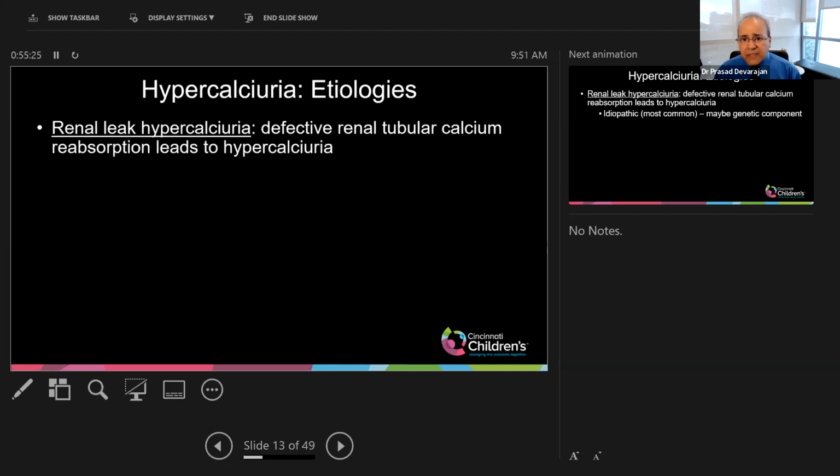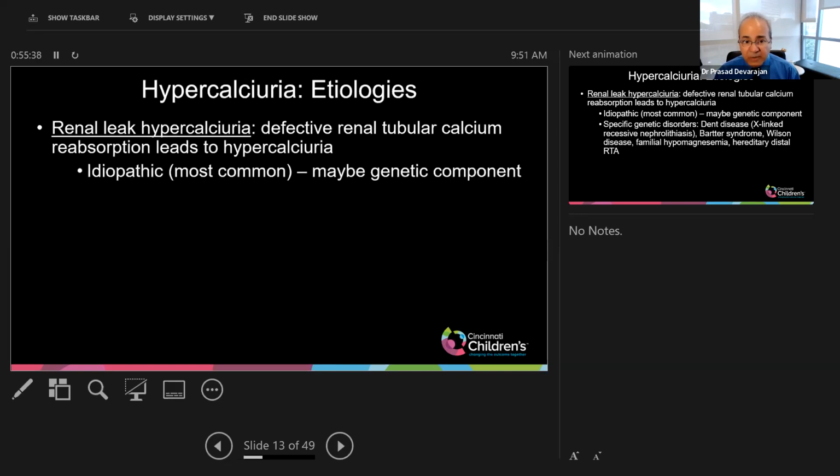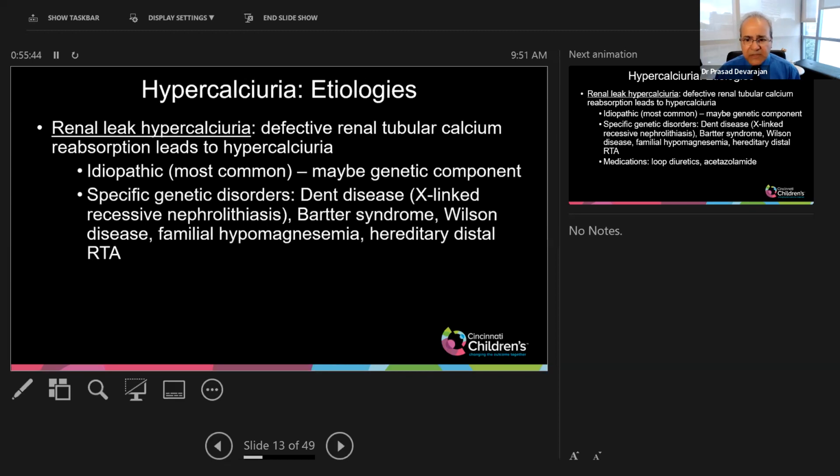The renal leak is defective renal tubular calcium reabsorption, and that leads to hypercalciuria. And this is actually the most common cause of hypercalciuria. And again, the underlying cause is idiopathic. There's almost certainly a lot of genetic components to it, and we're only beginning to understand some of those. And there are some specific genetic disorders, many of which Dr. Azmeri already talked about.